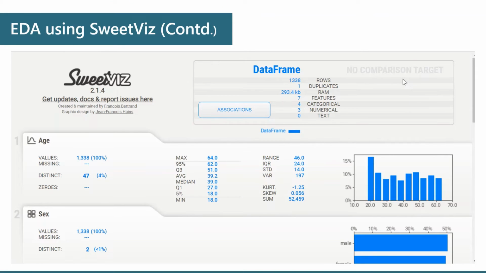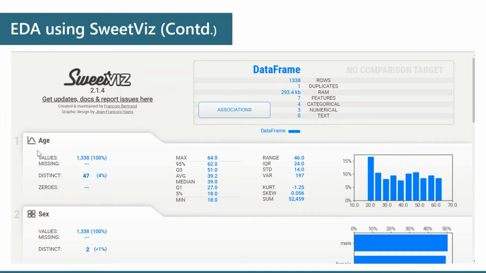The very first thing it gives is the data frame details, which means it provides the number of rows in the dataset, number of duplicate values, the RAM or the memory used by the dataset and the total number of features, and it also divides the features into categorical, numerical and text values. Next, it analyzes each and every column.